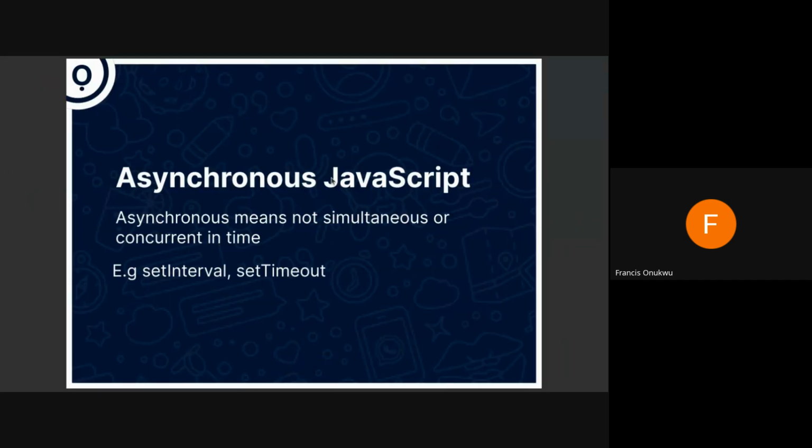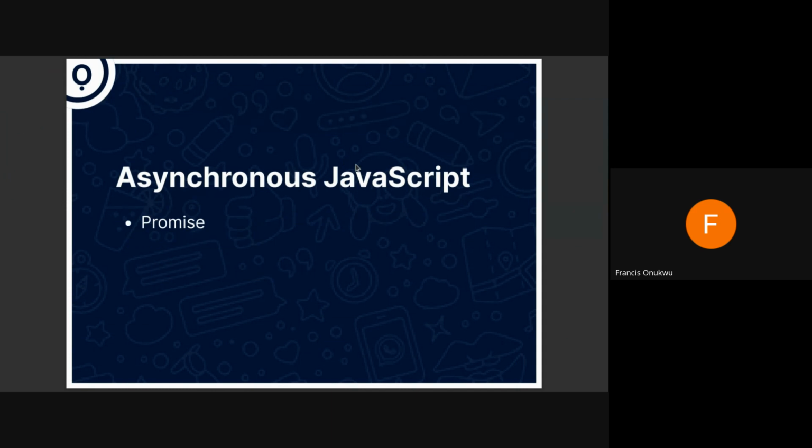Now in the world of asynchronous JavaScript, we have the concept of promise. What a promise does is basically, look, I'm going to do something.